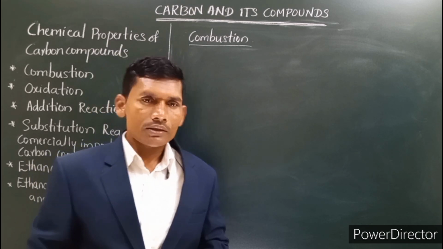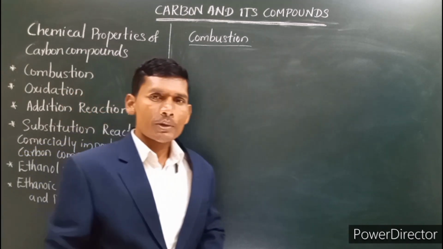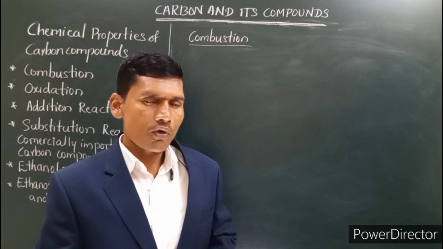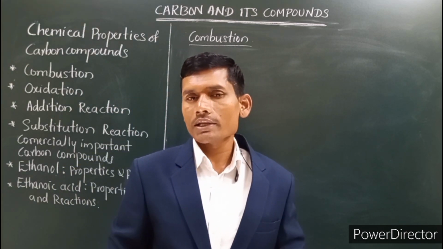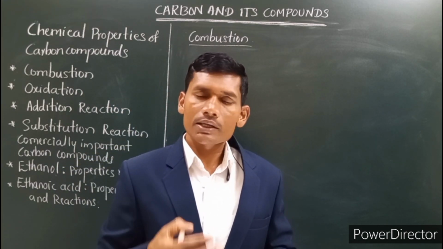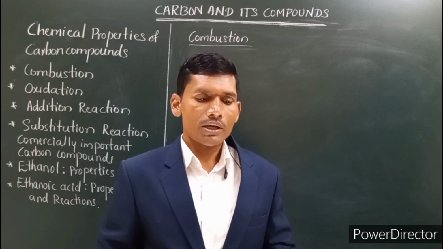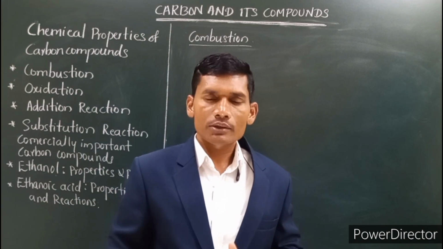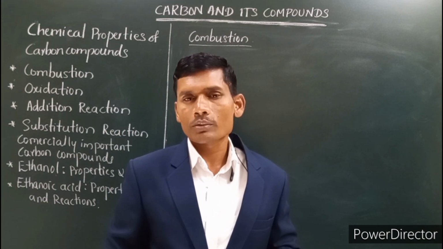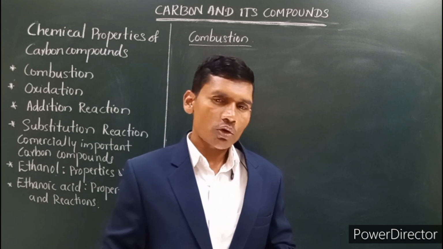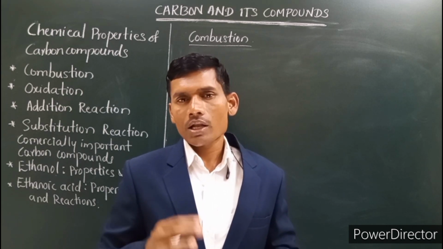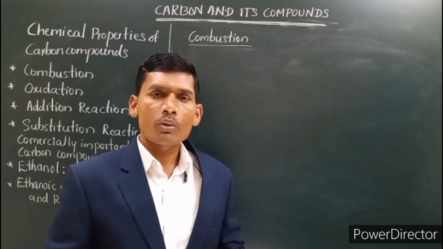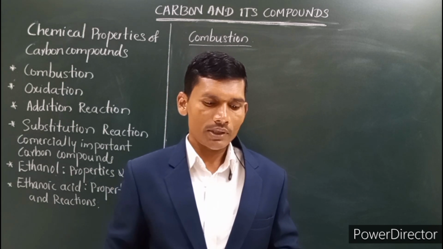Now we shall study the chemical properties of carbon compounds. So far we have studied alkanes, alkenes and alkynes and their general formulas, and how to write nomenclature, structural formula, molecular formula, electron dot structure, everything. Now we are going to learn the chemical properties of carbon compounds.